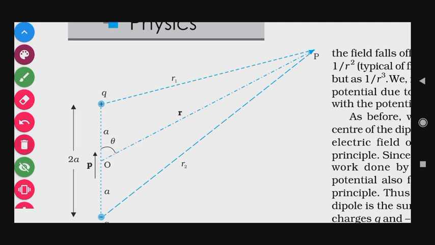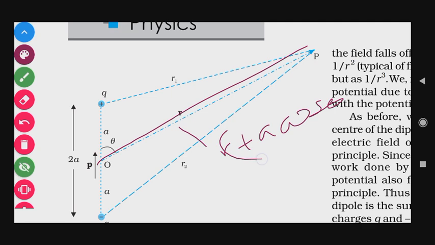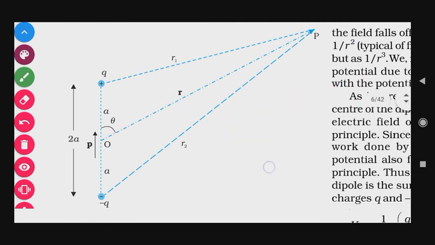So this length is r plus a cos theta. Got my point? And this other one is a sin theta, and this is a cos theta.